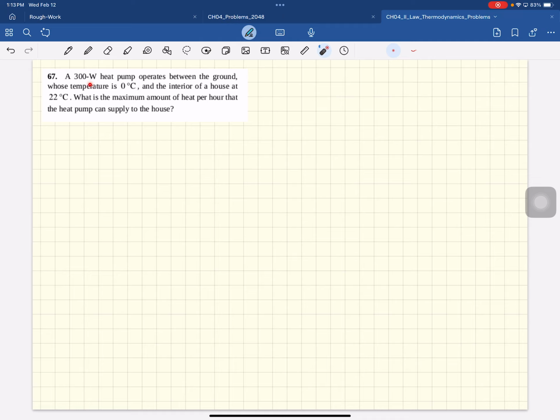Anyway, a 300-watt heat pump operates between the ground at 0 degrees Celsius and the interior of the house at 22 degrees Celsius. What is the maximum amount of heat per hour that the heat pump can supply to the house? Whenever they say maximum, they're talking about an ideal heat pump, which is a Carnot heat pump. The COP of a heat pump is the same as for a refrigerator, which is QC over W, where W is QH minus QC.